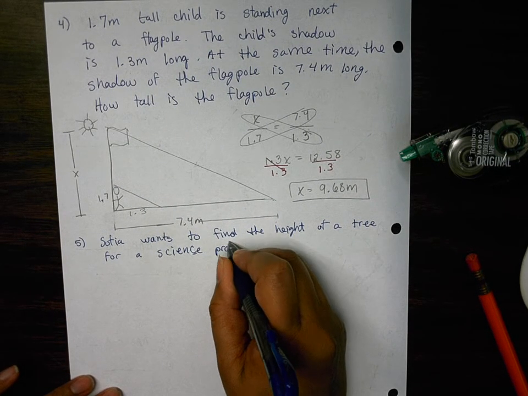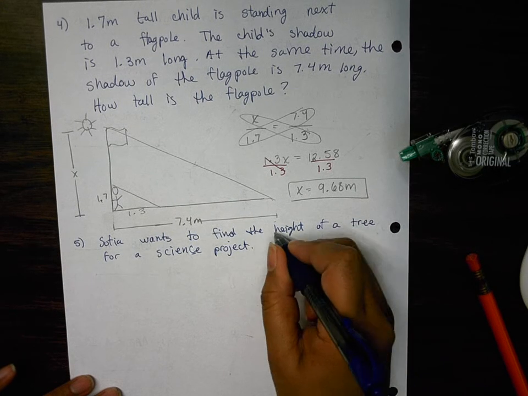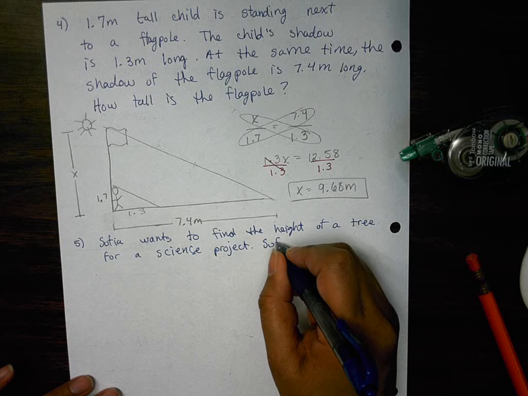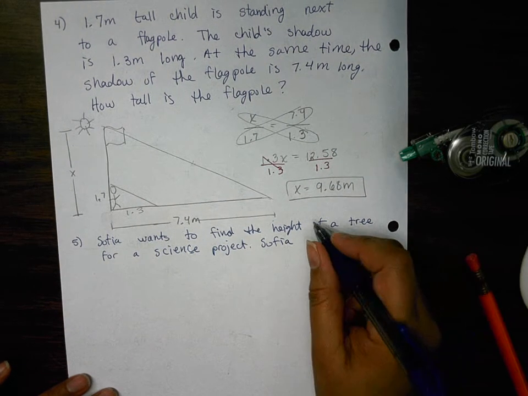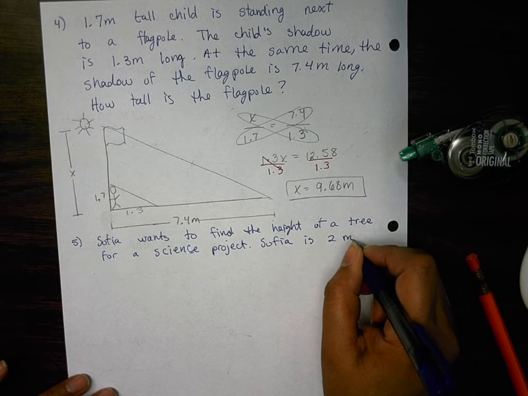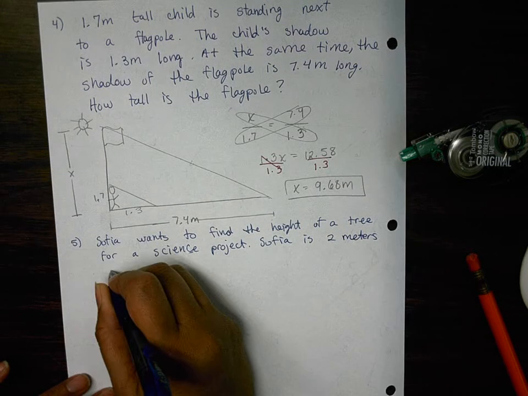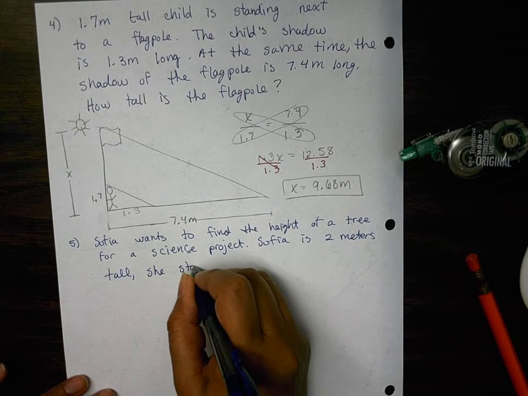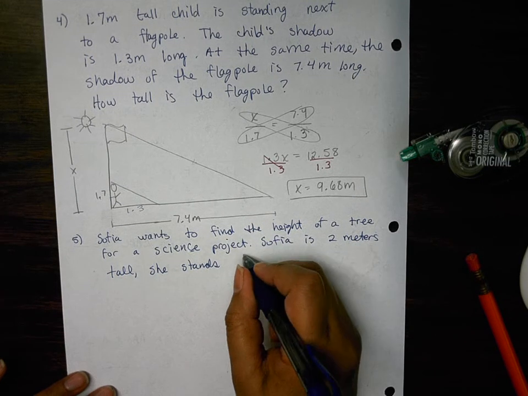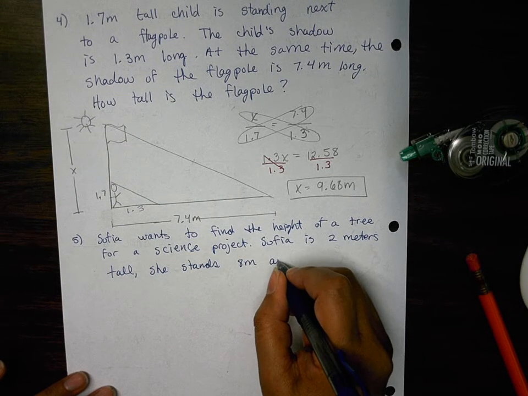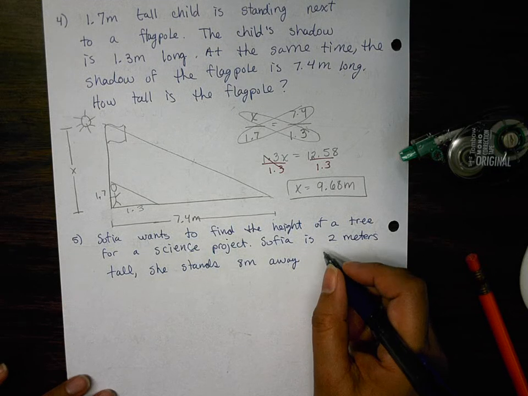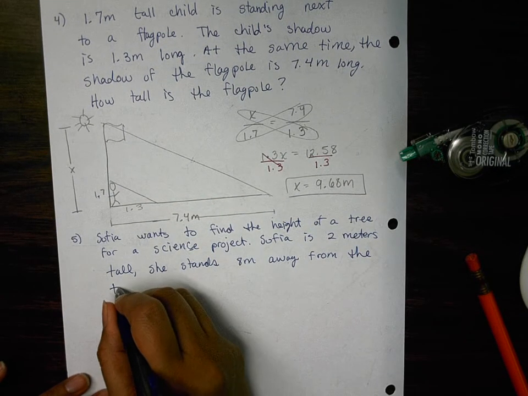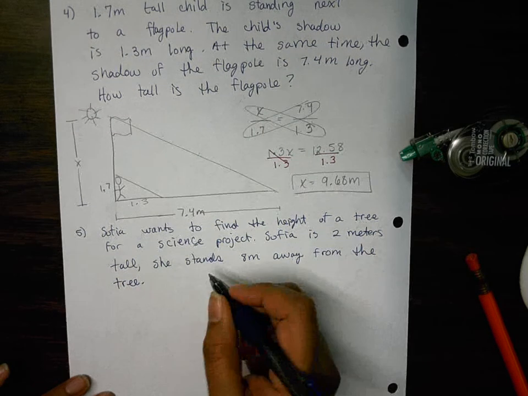Sophia wants to find the height of a tree for a science project. Period. Sophia is 2 meters tall. She stands 8 meters away from the tree.